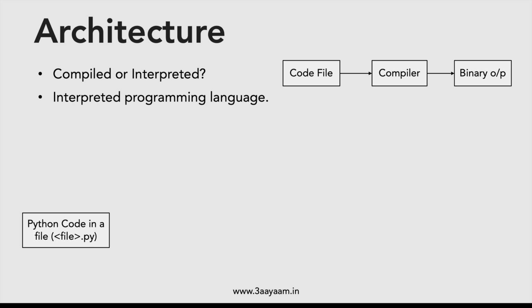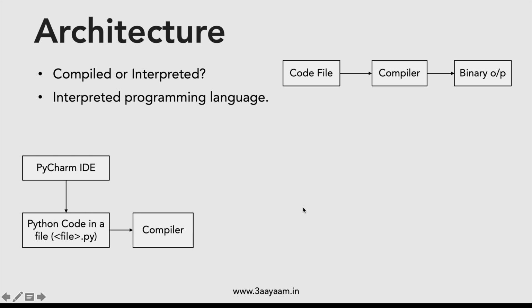So how does it work? We have this Python code in a file. Typically the file name is the name of the program followed by .py, and we use IDEs like PyCharm to edit this particular file. So we write the code in this file, and then when we press run, it is passed to a compiler, and the compiler generates a bytecode which is the executable form of this code.